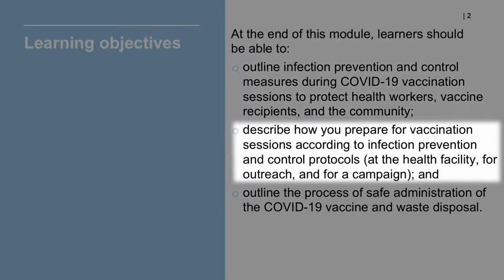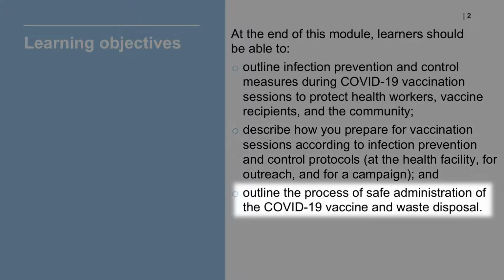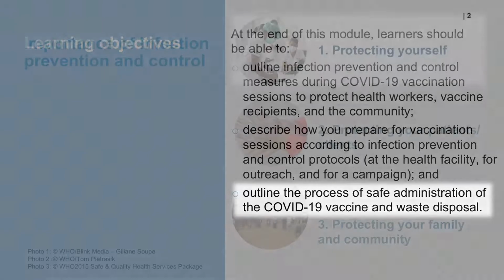You should be able to describe how you prepare for vaccination sessions according to infection prevention and control protocols at the healthcare facility, and for outreach and for campaigns. And you should be able to outline the process of safe COVID-19 vaccine administration and waste disposal.